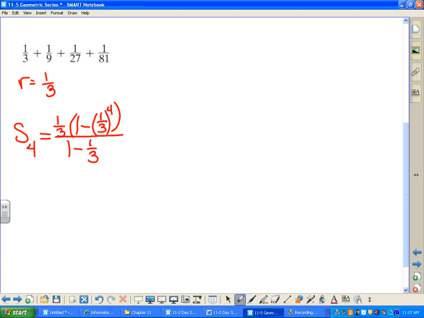Is everybody with me so far? You shouldn't need a calculator to do this. It's 1/3 times 1 minus, okay, what's 1/3 to the 4th? Well, 1 to the 4th is 1. 3 to the 4th is 81. And 1 minus 1/3 is 2/3.